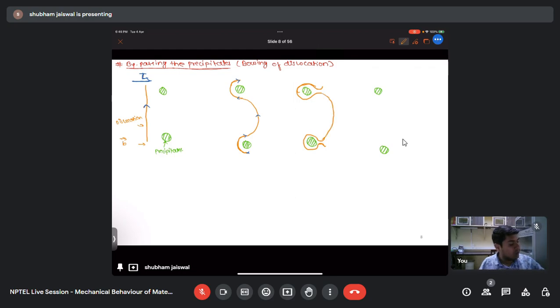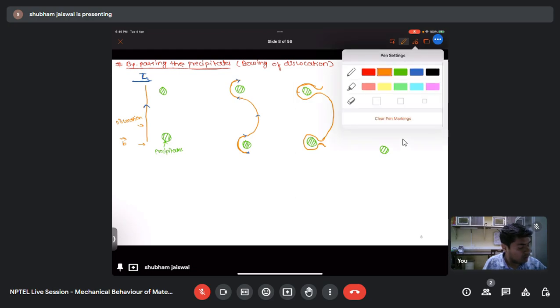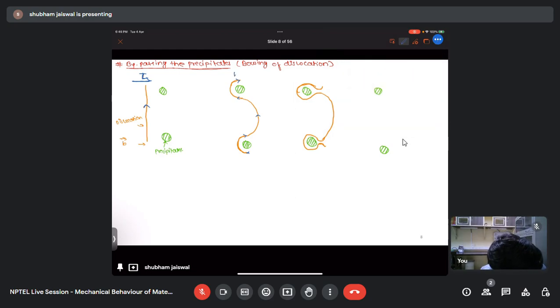So let's say this is my Burgers vector. This is the direction of my line vector.